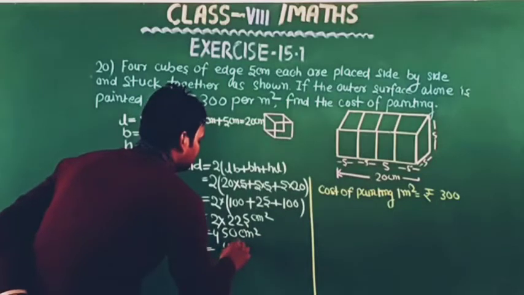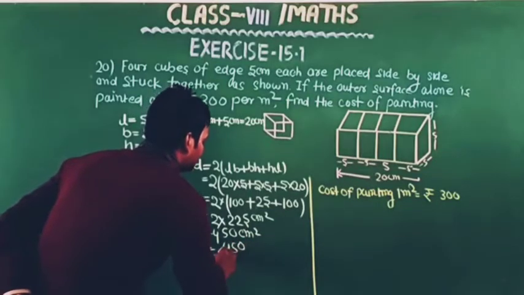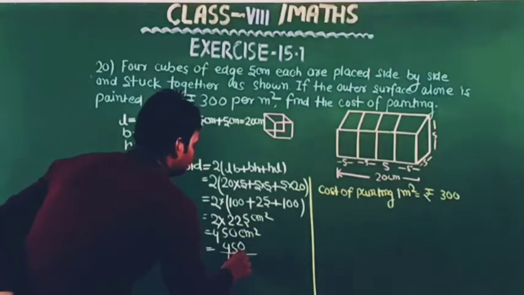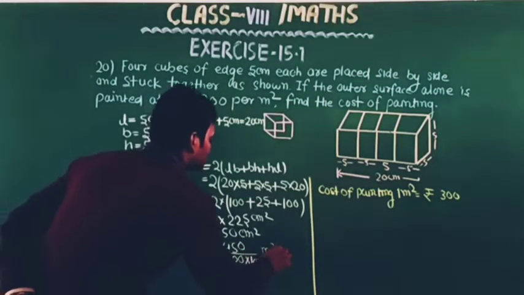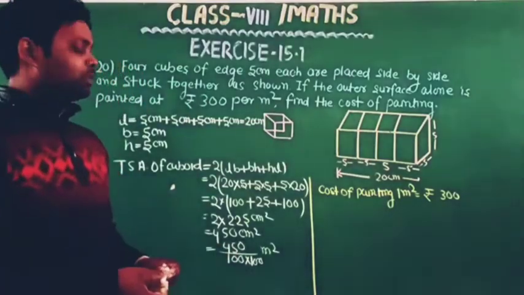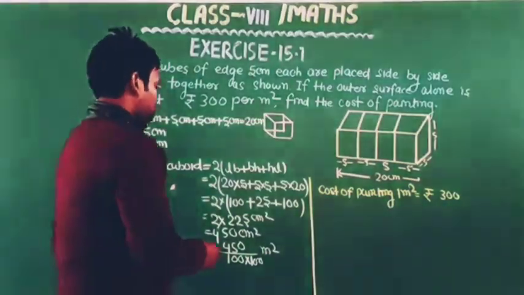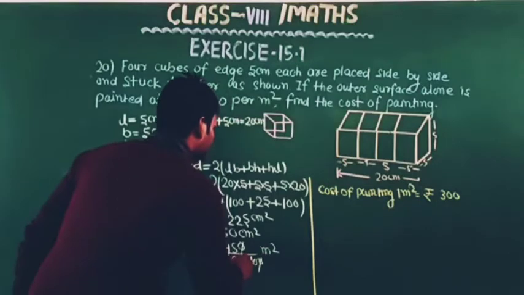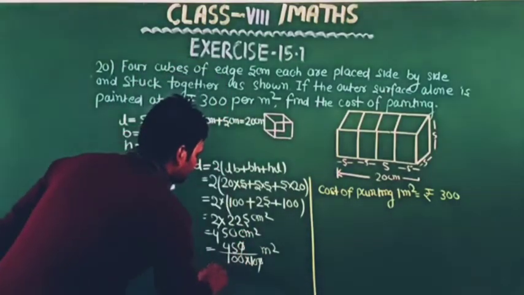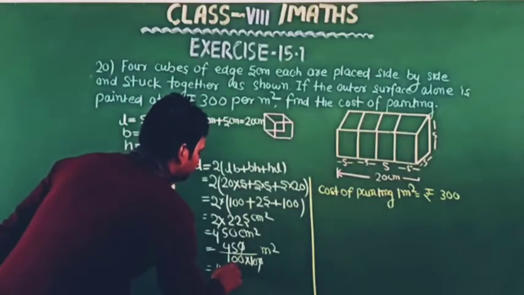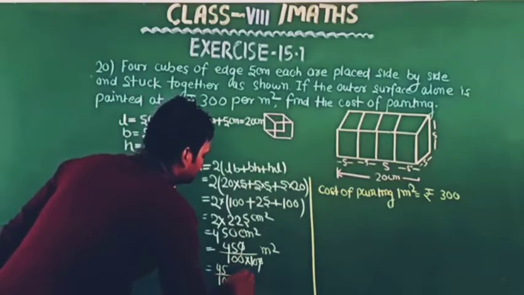So we need to divide 450 by 100 into 100 to change it into meter square. We can cancel the zeros, and we are left with 450 upon 100 meter square.